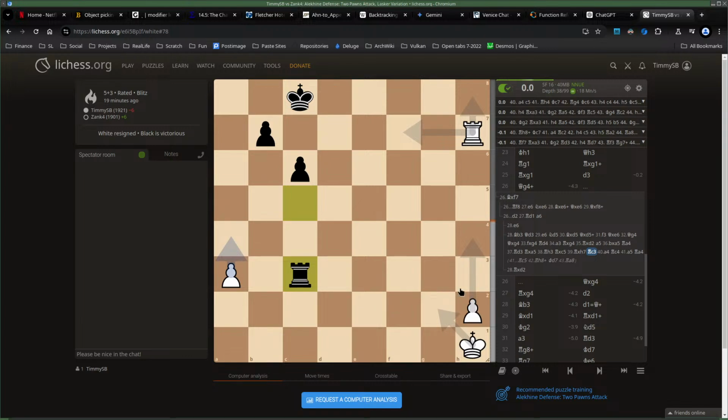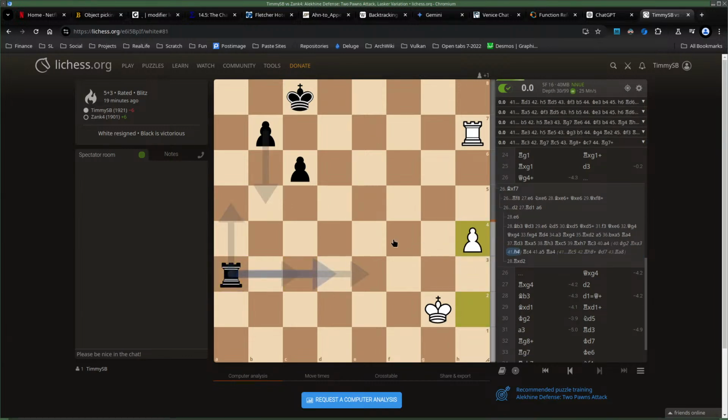Then the other option was king here, and just give the pawn away. Why? And now we walk.